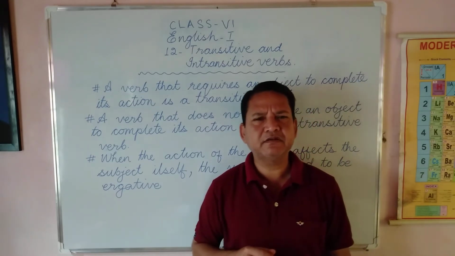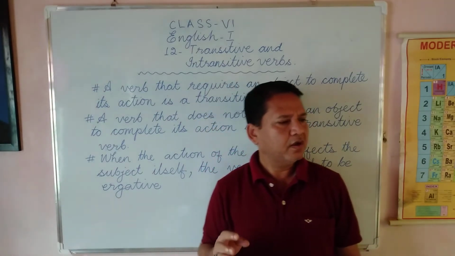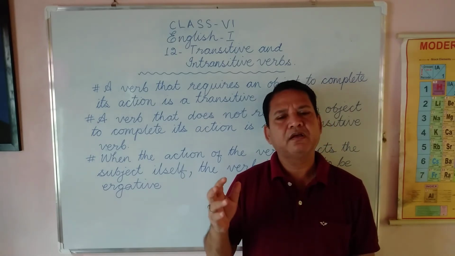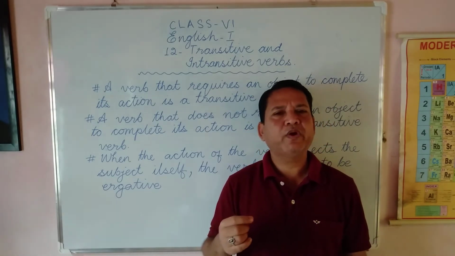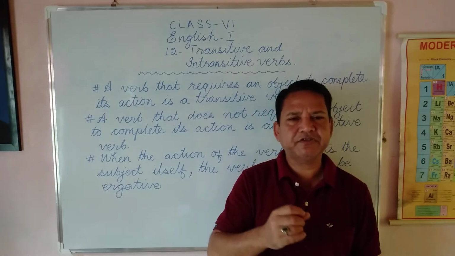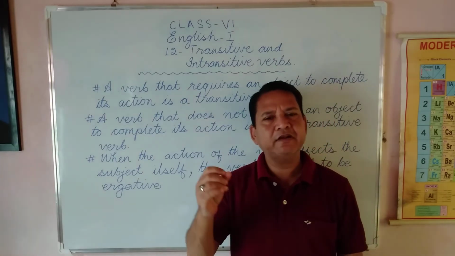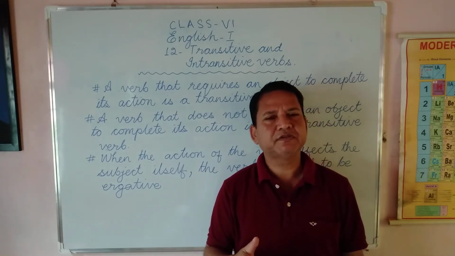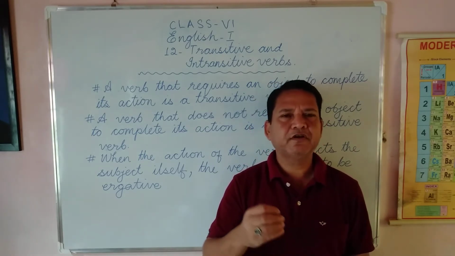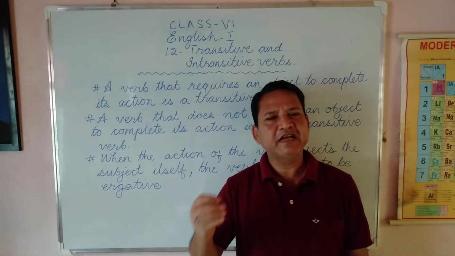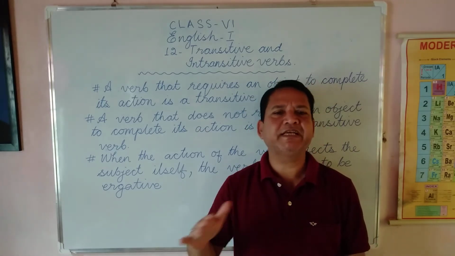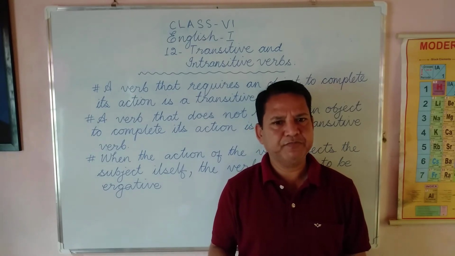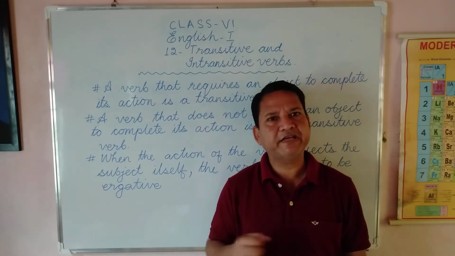Now what is the definition of a sentence? A sentence is complete when there is a subject, verb and object. A group of words which has the subject, verb, object and gives us complete meaning, complete sense is called a sentence. Now what is a phrase?